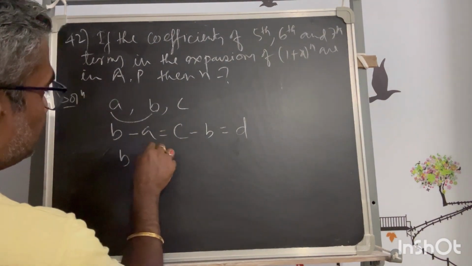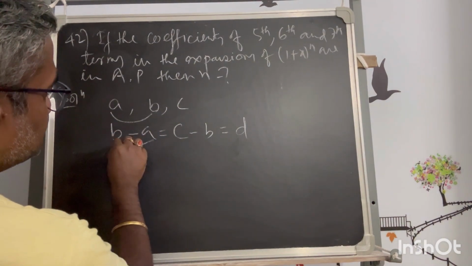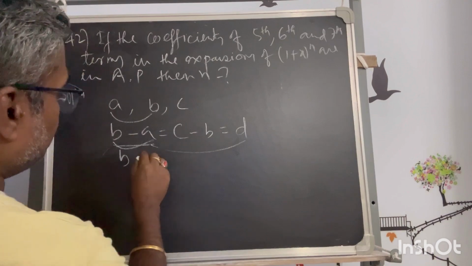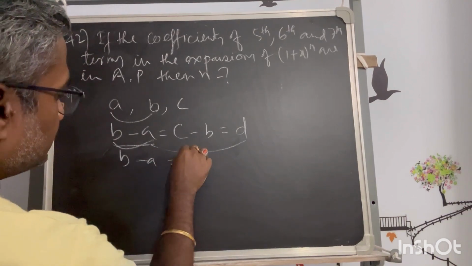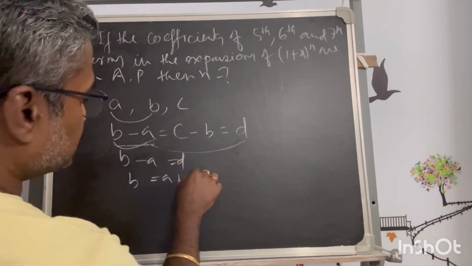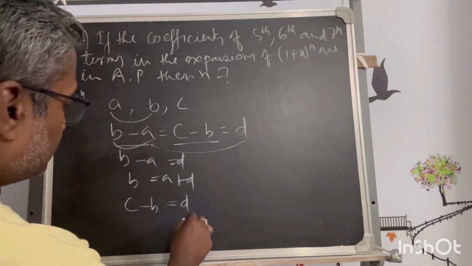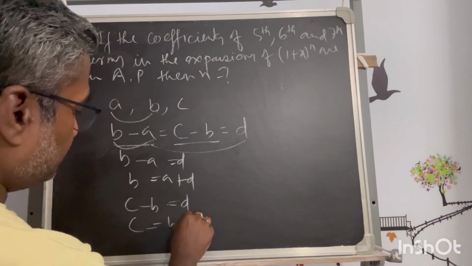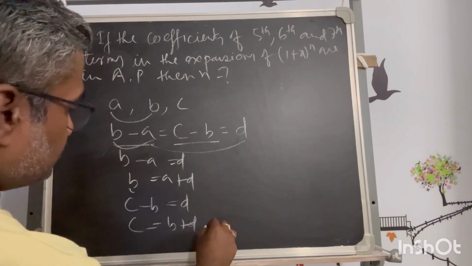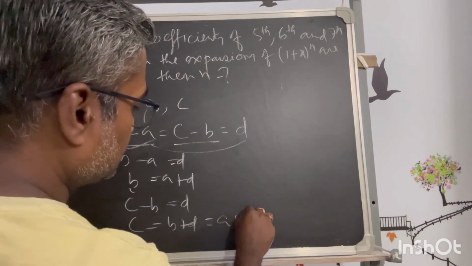Now, how can I represent B and C with D? B minus A is D, so B is equal to A plus D. Similarly, C minus B is equal to D, so C is equal to B plus D. Again B is equal to A plus D, so C is A plus 2D.